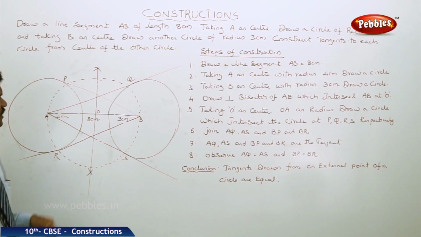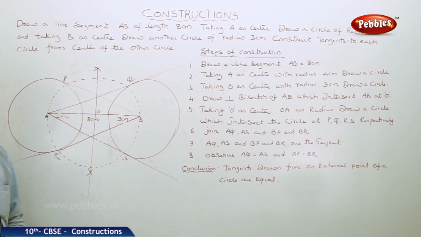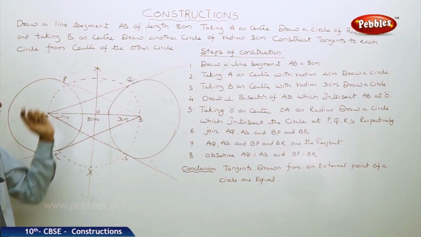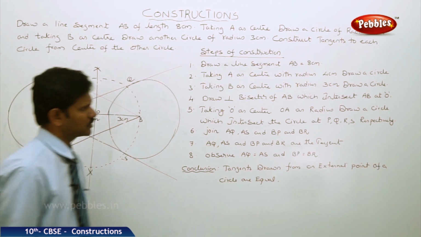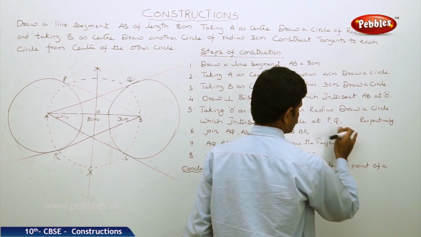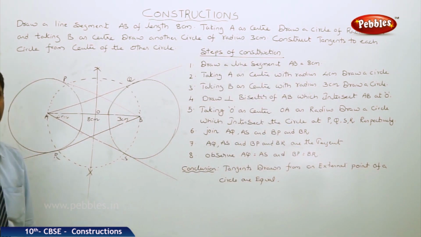Now this circle touches these two circles at four distinct points, namely P, Q, S and R respectively.